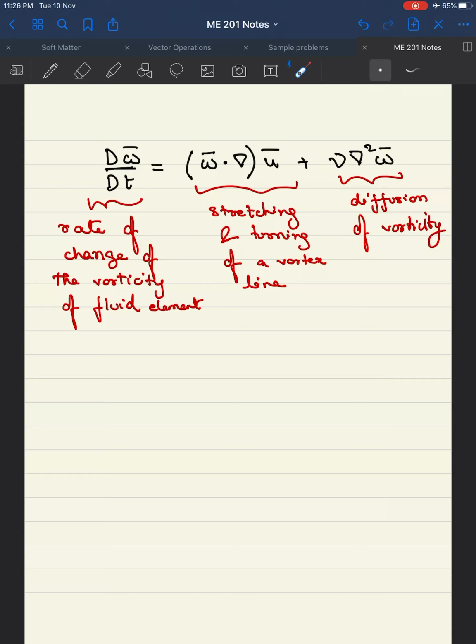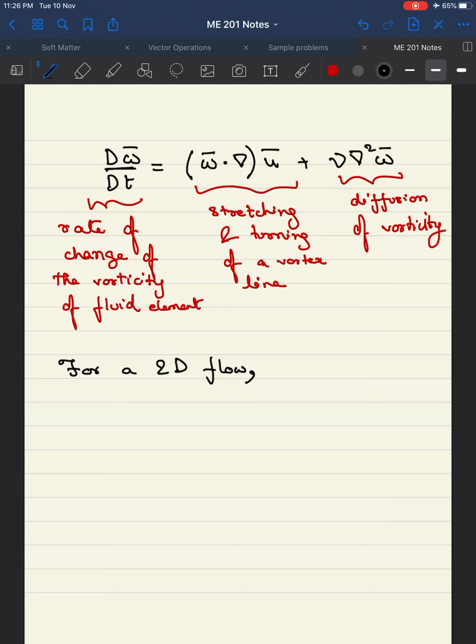The vorticity transport equations are quite important because they're sometimes used in numerical calculations in place of the Navier-Stokes equations. Now, what would happen for a 2D case? This vector equation is valid for 3 dimensions.